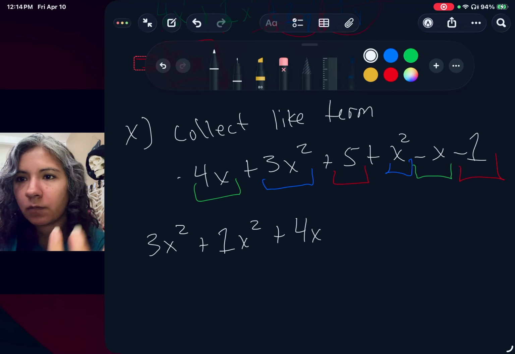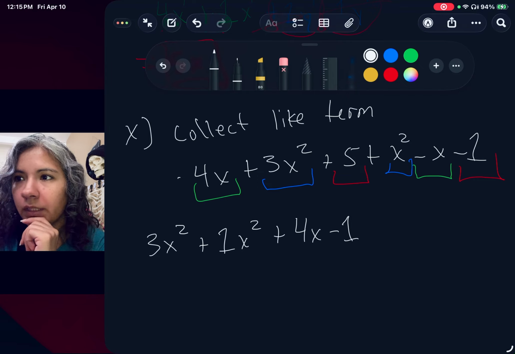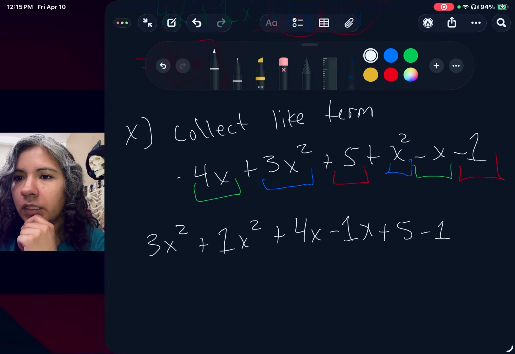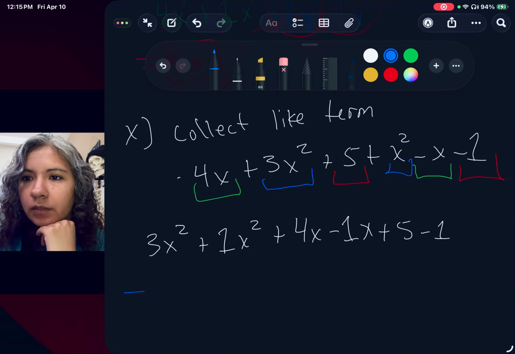I'm not going to write the 1 after that. And then we have minus, I will write the 1 here, 1x plus 5 minus 1.